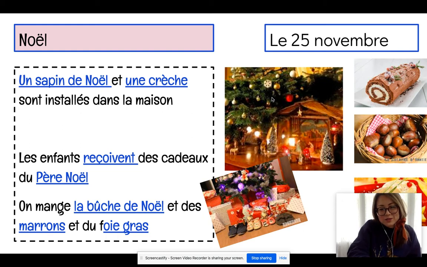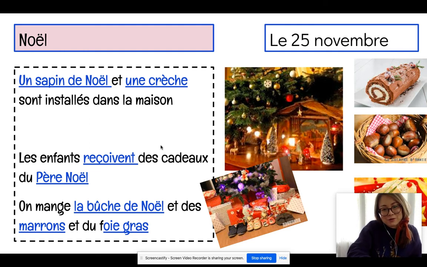It's Christmas, yep. So, on achète pour Noël un sapin de Noël. Un sapin de Noël, ça veut dire a Christmas tree. Et une crèche, donc un sapin de Noël et une crèche. Une crèche, ça veut dire a nativity scene.